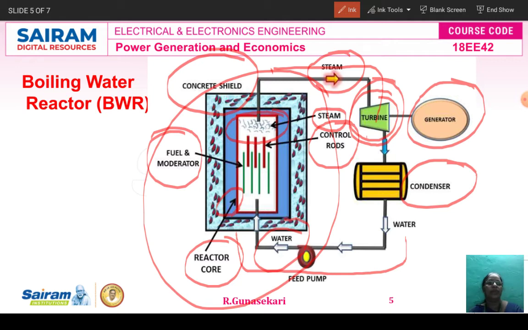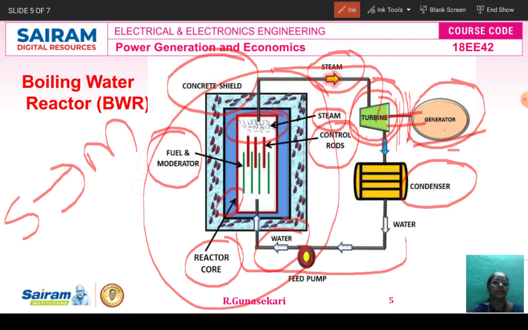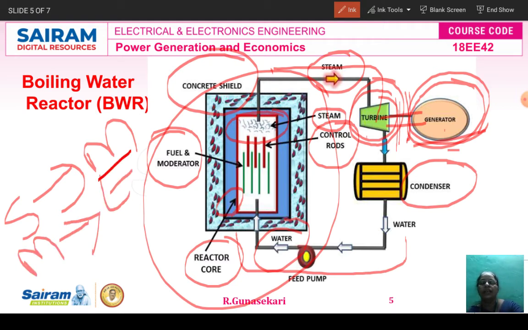Therefore, the turbine converts steam energy into mechanical energy. The turbine and the generator are mechanically coupled to each other. So the mechanical energy of the turbine is used to drive the generator. Now the generator generates electrical energy. So what is the function of the generator? It converts mechanical energy into electrical energy.